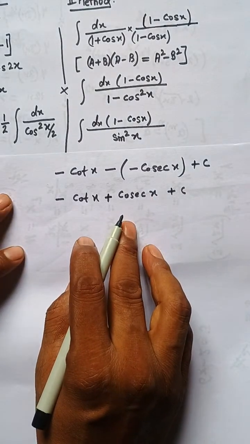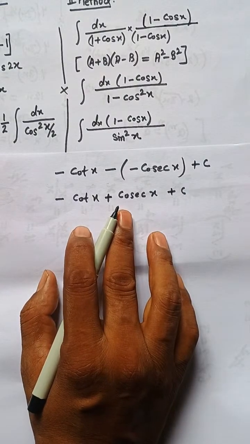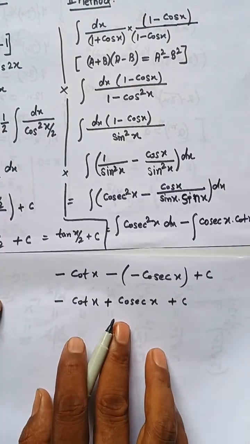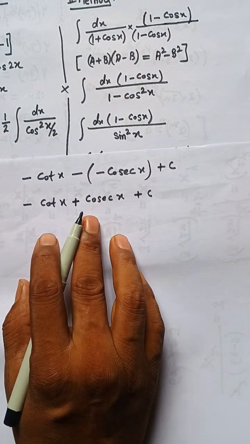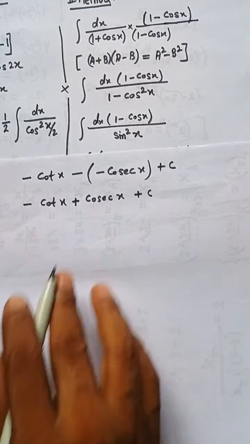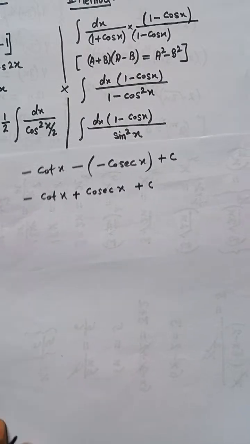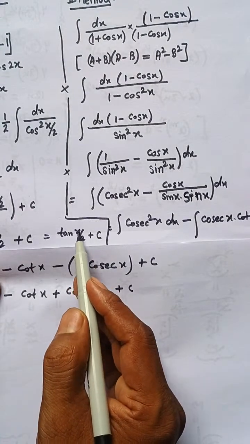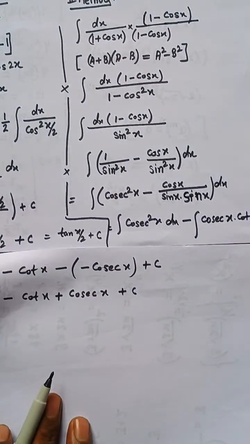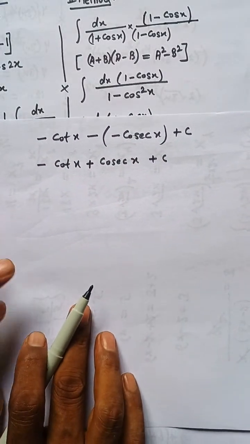We can see that this term we are getting here, and previously we had tan x by 2 plus c. Both are the same. If you solve this one, you can find both are the same.